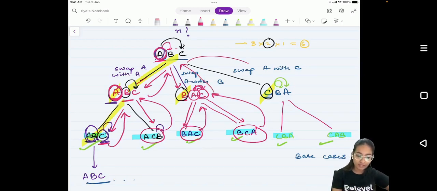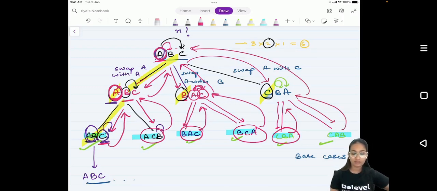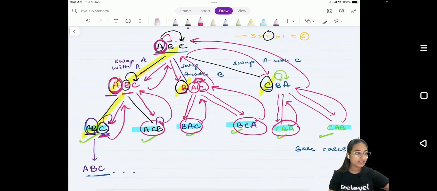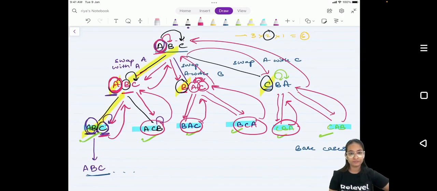Then for the last position, we swap A with C and we drill down for the second position as well. Then we undo this swap, do another swap with another position, and come back. So this in turn is the actual flow for this entire problem, and that is what will define the solution.